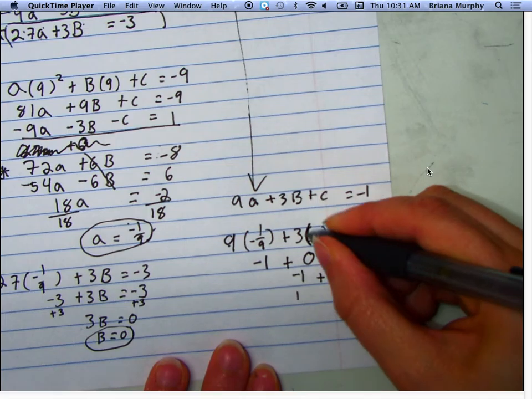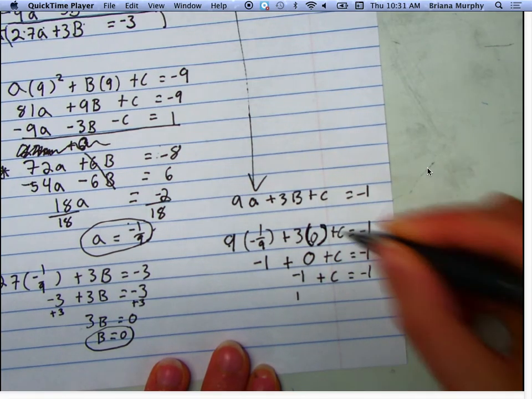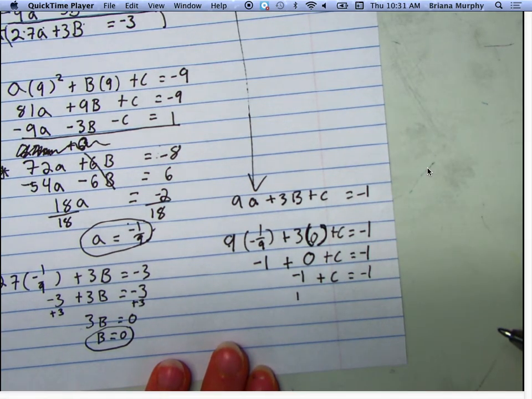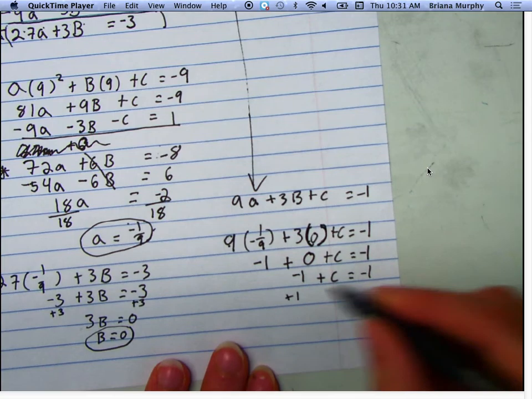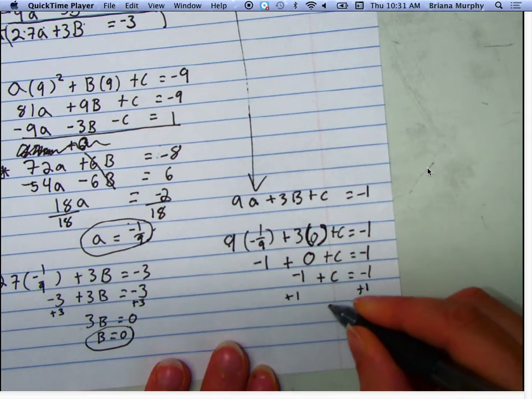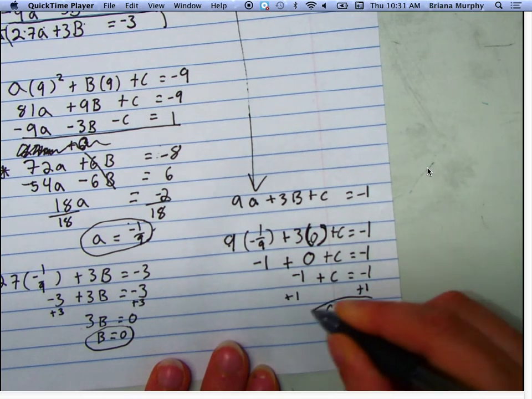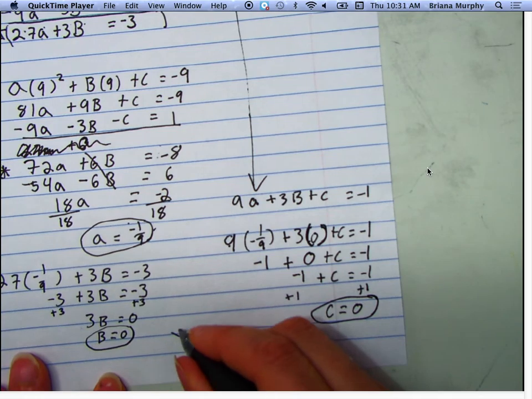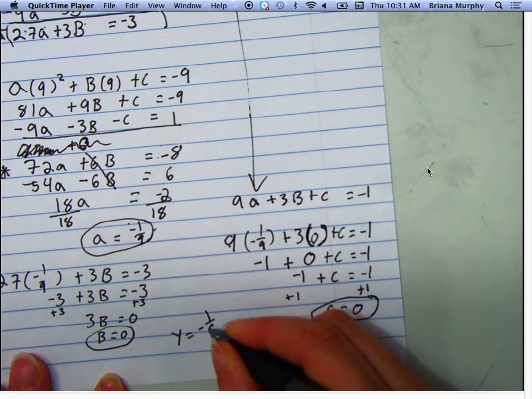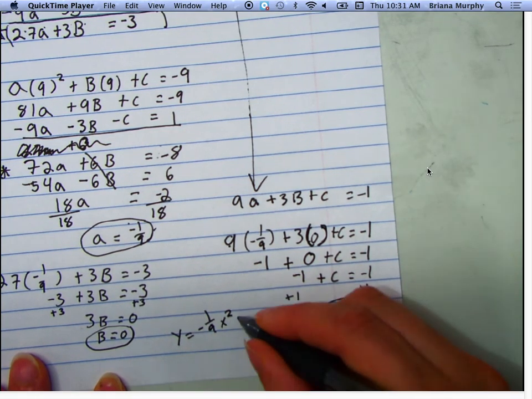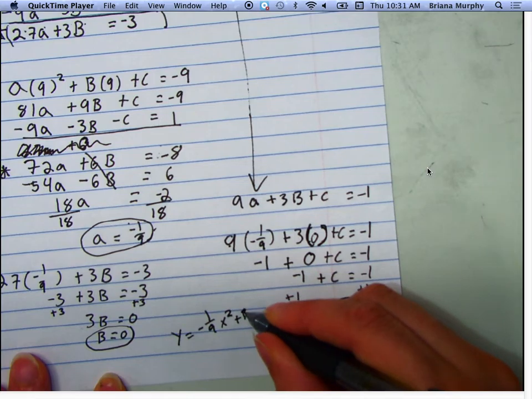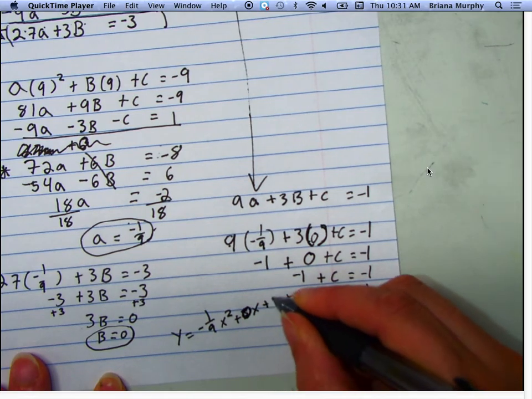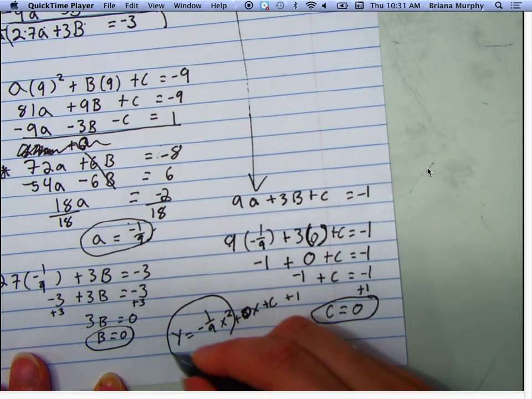This is a 3 times a 0. Sorry. I add 1 to both sides and I get C equals 0. So when I put it in the equation, I get y equals negative 1/9 x squared. You can say plus 0x plus 0 if you want, but you only need this part.